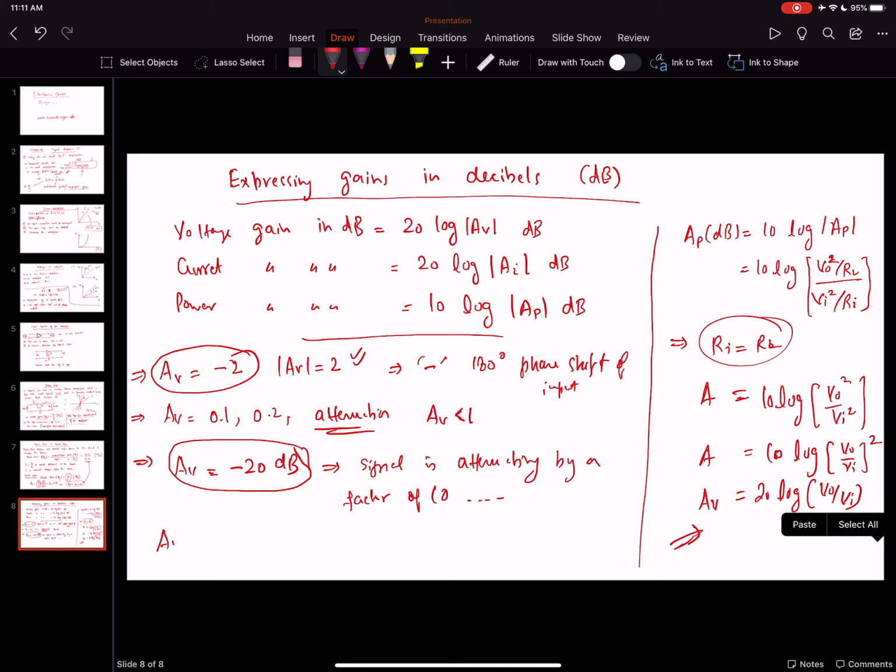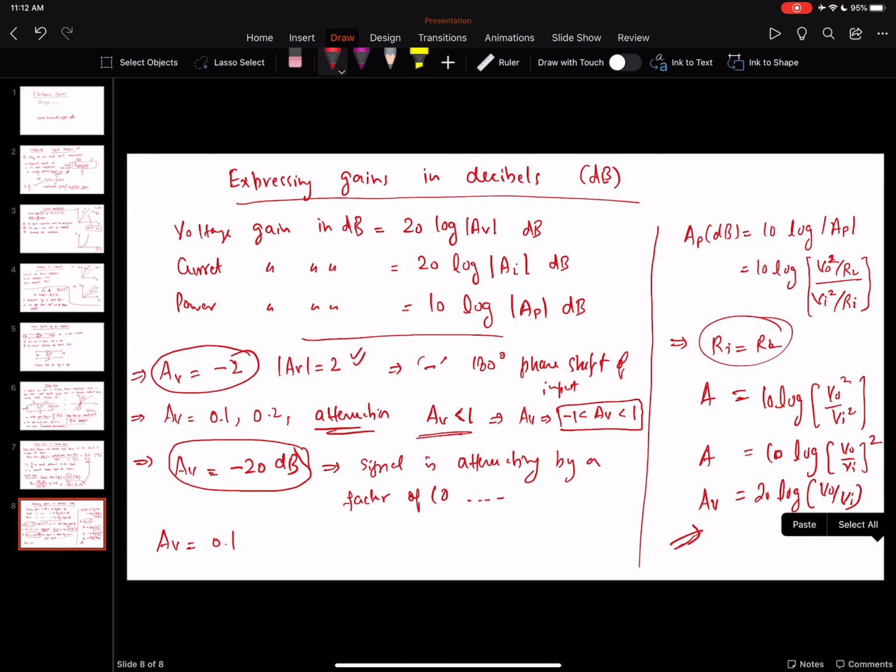For example, if my voltage gain is 0.1, more realistically it should be somewhere between -1 and 1. So this should be an attenuator.